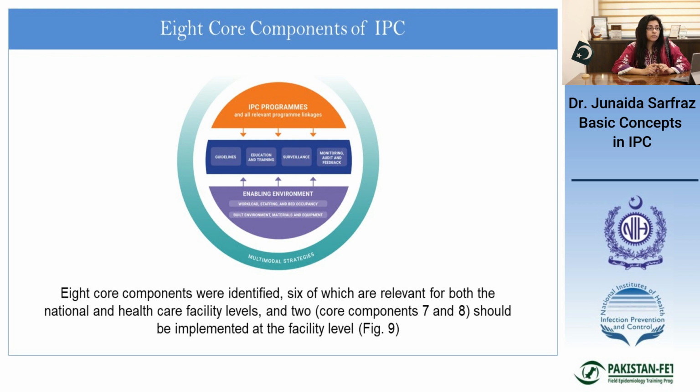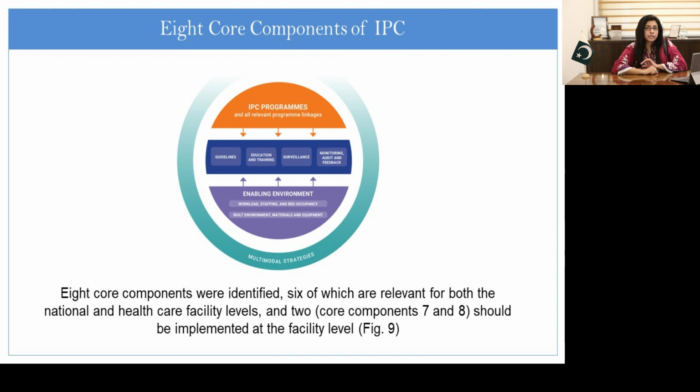But the rest of the components, the first 6 components, are there at the national and subnational levels, and all this is available in the IPC infection prevention and control booklet that's easily available on the internet. We'll give you the links to that also.